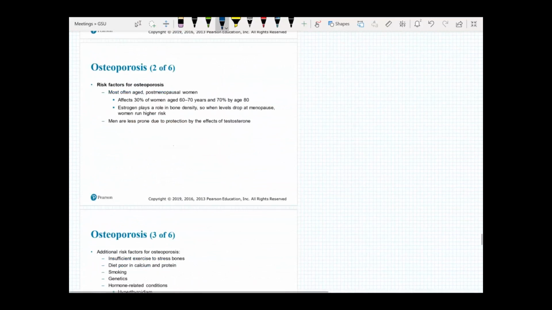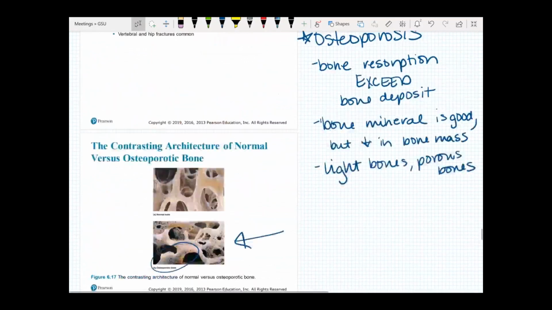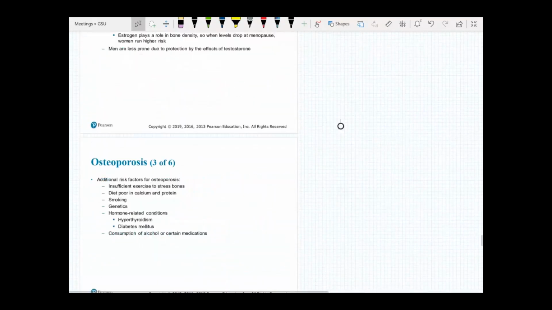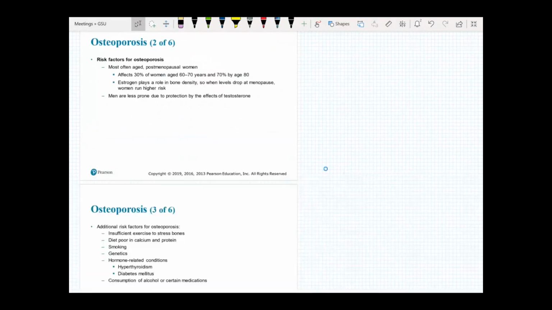Some risk factors for osteoporosis: usually female, most often postmenopausal women. It usually affects 30% of women around age 60, and then that increases by age 80 to 70%. Estrogen does play a role, so that will come into play with hormones and all the bone deposit pieces.